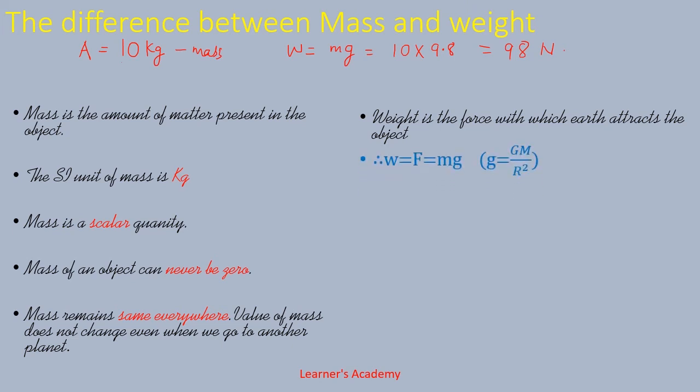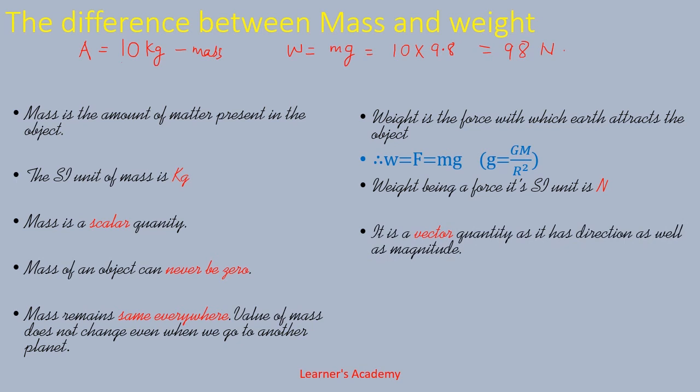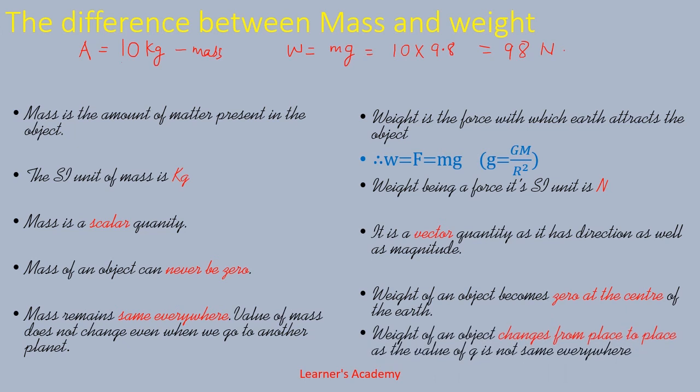Now SI unit of mass was kg, but the SI unit for weight will be Newton. Okay, mass is a scalar quantity whereas weight is a vector quantity. It has direction as well as magnitude, and weight of an object becomes 0 at the center of the Earth. All right, now weight of an object changes from place to place as the value of g is not same everywhere.